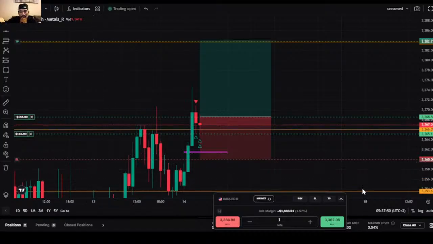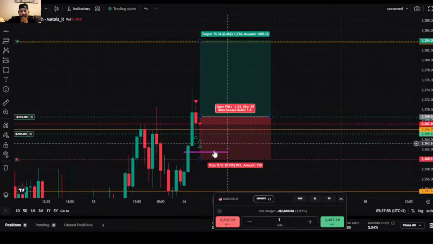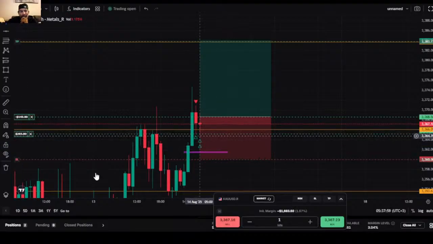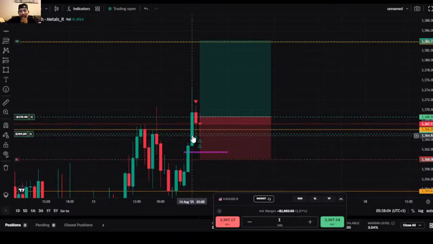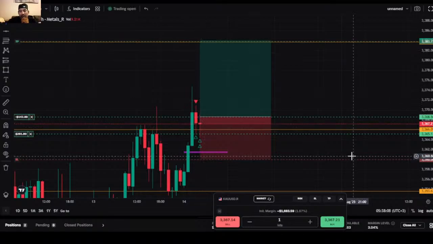Yeah, I'm running 20 pips on the pineapple entry. And see, this 1 hour could actually just flip bullish and just fly up.